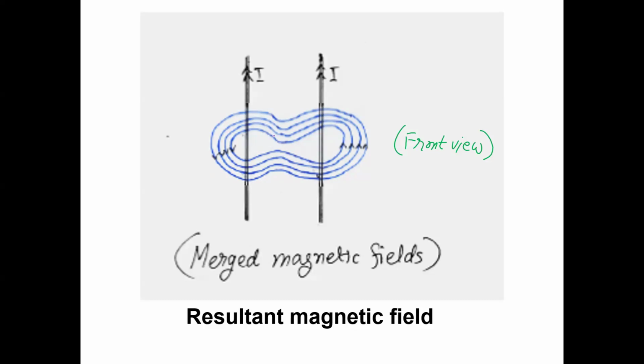So the two fields merge. So now copy this diagram neatly.